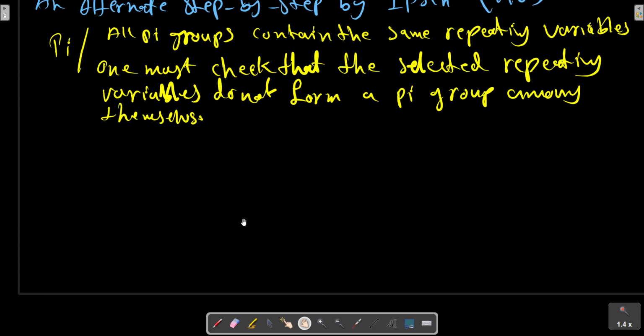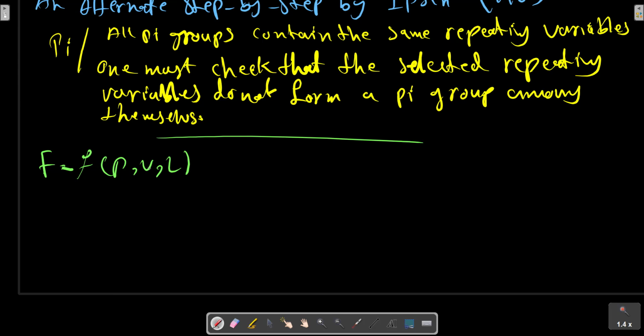One simply successively eliminates each dimension in the desired function by division or multiplication. Let us illustrate with the same classical drag function. Consider the equation F equals a function of rho, V, L and mu.